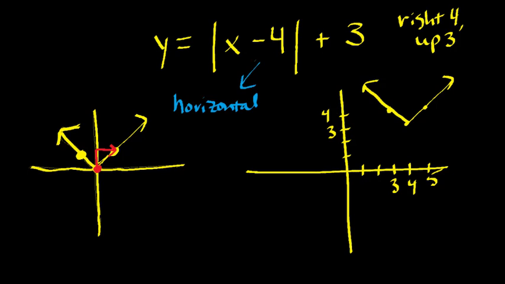Another way to say that is that minus will go right and plus will go left. And values at the end are vertical movements. They will go up or down. Adding values to the end of a function will cause the graph to go up, and subtracting values from the end of the function will cause the graph to go down. These are key things to look out for in all transformations.